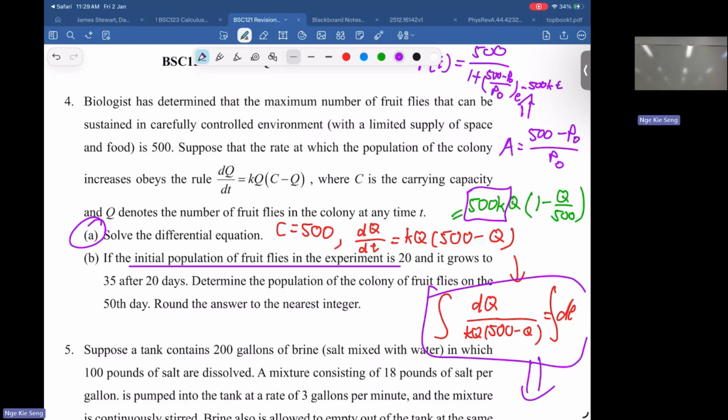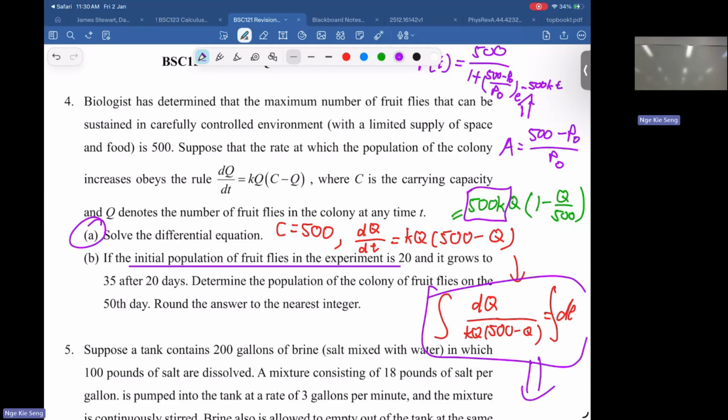So far, there are actually two constants that appear here, which are P naught and K. They're not determined yet. You can notice that in the second part, it tells you what P naught is, and then it tells you another number so that you can find K. After that, it asks you to find what happens on the 50th day.